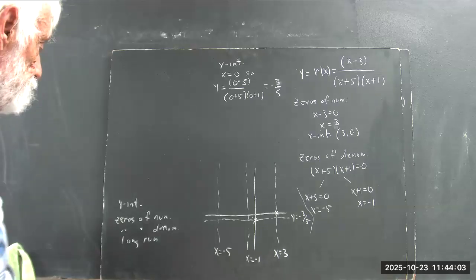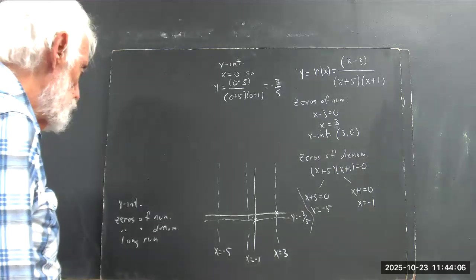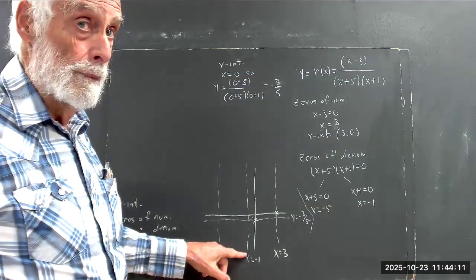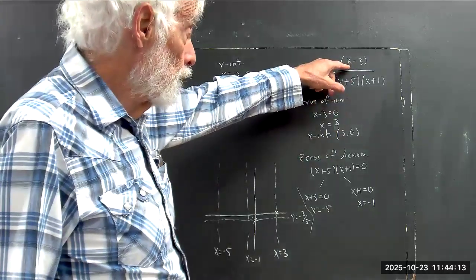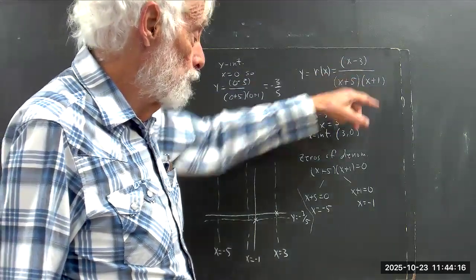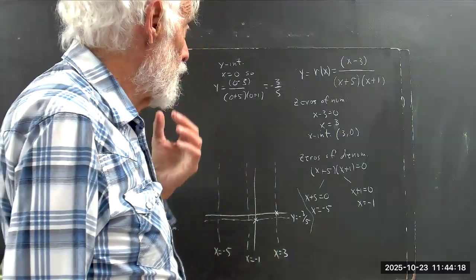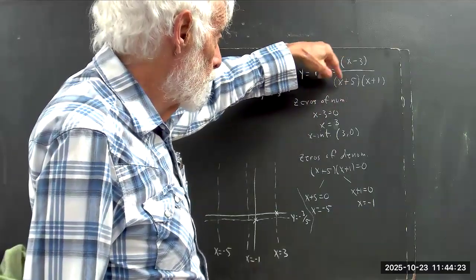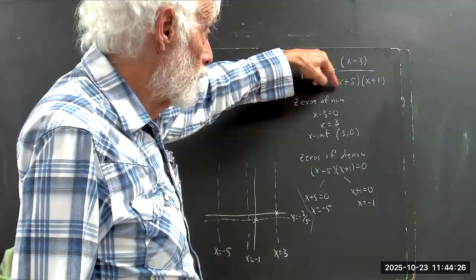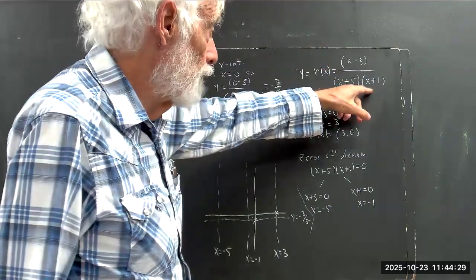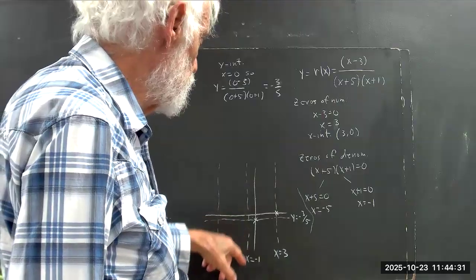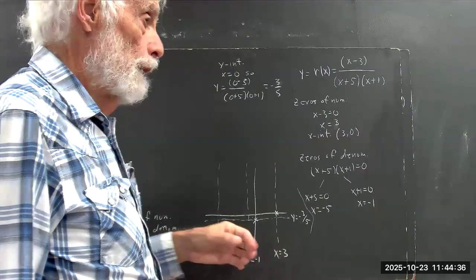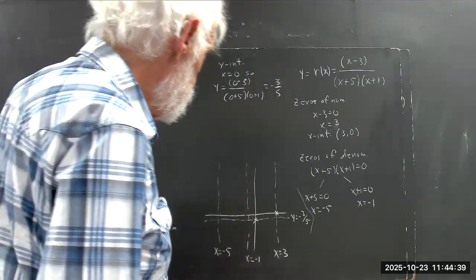Now, if x is close to -1, then x minus 3 is close to -4, and x plus 5 is close to 4. So it's like we've got -4 over 4, which is -1, which means that the graph in the vicinity of x equals -1 is going to be like the graph of -1 over x plus 1.